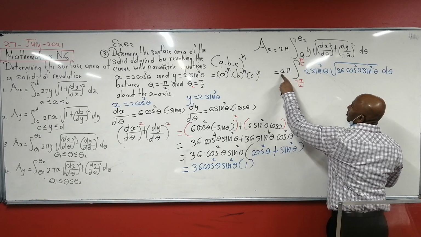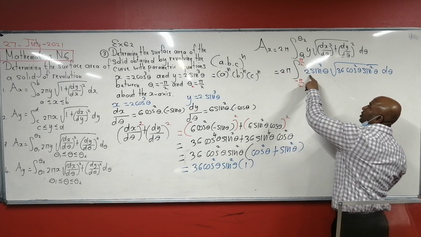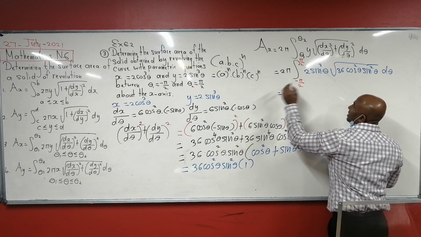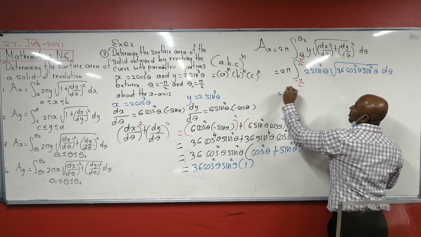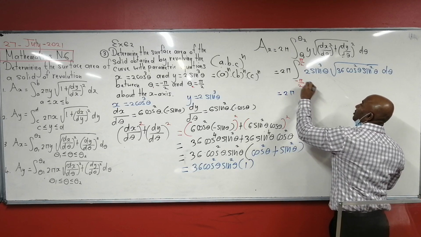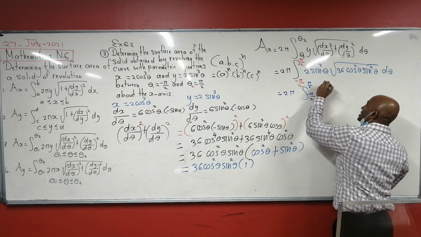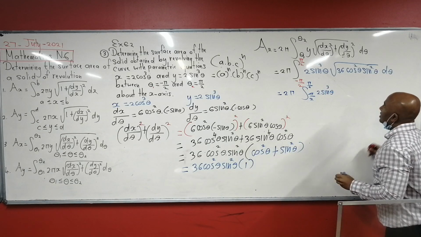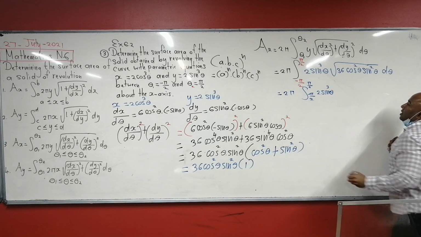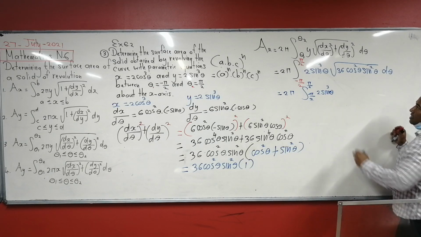So I got this 2 pi times the 2 here, which I'll leave as it is for now, not to confuse you. So that's my pi over 2 minus pi over 2, that's 2 sine to the power 3. Now, the square root of 36.